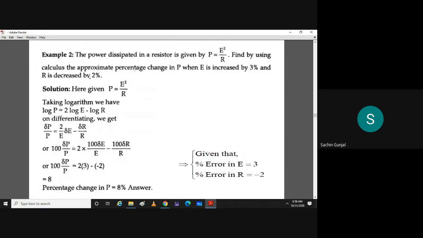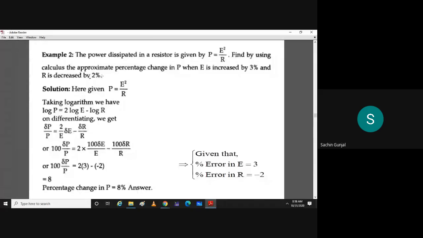So in example 2, the power dissipated in a resistor is given by P is equal to E square upon R. Find by using calculus the approximate percentage change in P when E is increased by 3% and R is decreased by 2%. Okay, I read it again.